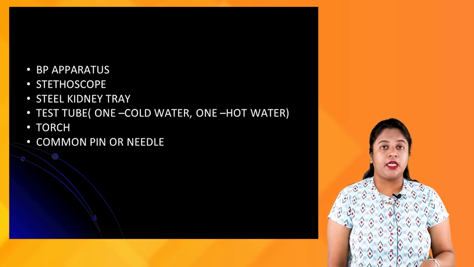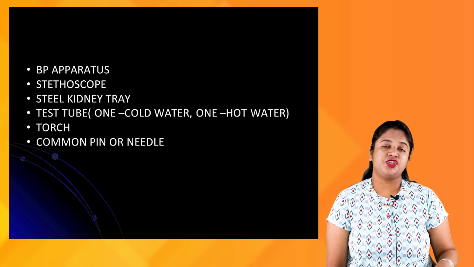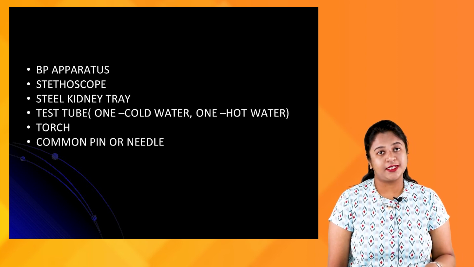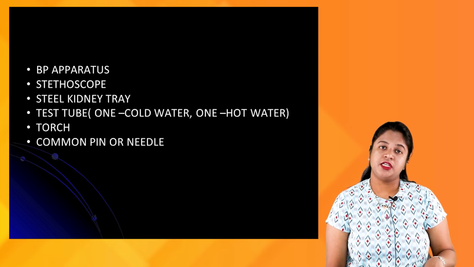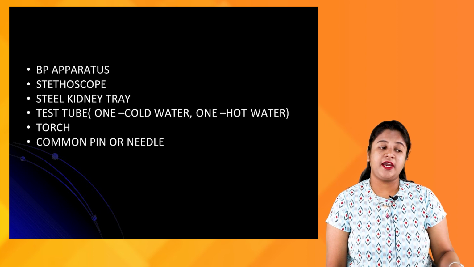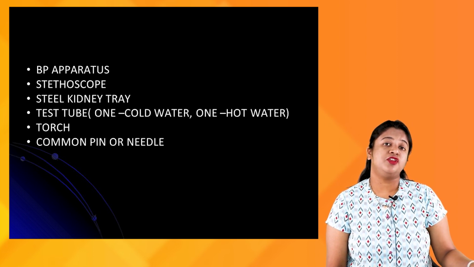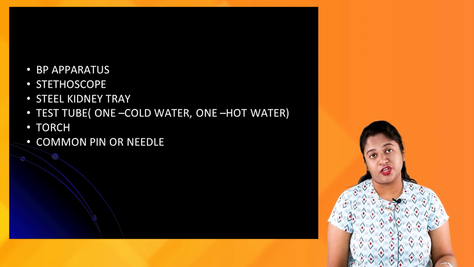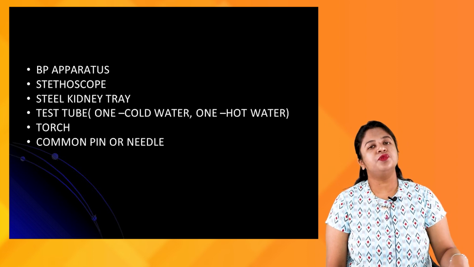So what is the indication of doing the neurological examination? Yes, you are supposed to do the neurological examination in all the patients, but you may not require to do an in-detail neurological examination. There are conditions or diseases wherein you may have to give importance to neurological conditions, right? What are those indications?